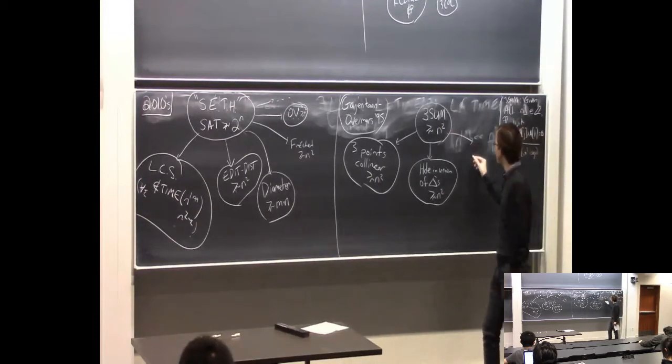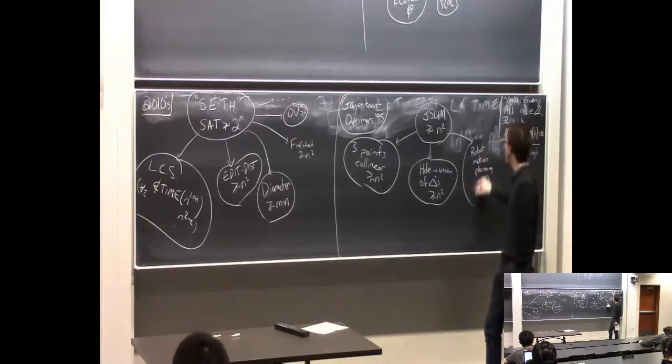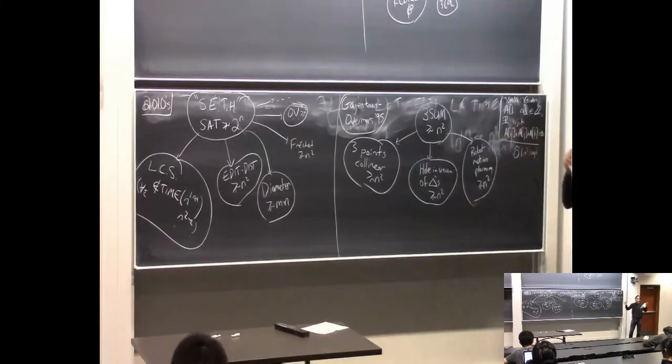Or another one that people like to quote is robot motion planning in the plane. It's a bit of a fancy name. This problem, whatever it is, also requires n squared time. Well, I'll tell you what it is. You have a plane, and you have a robot, which is a line segment, and you have barriers, which are also line segments. And you want to know if you can get the robot from a start to a finish past all the barriers.